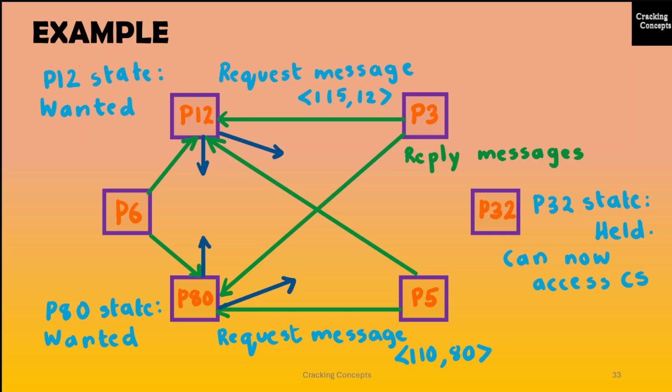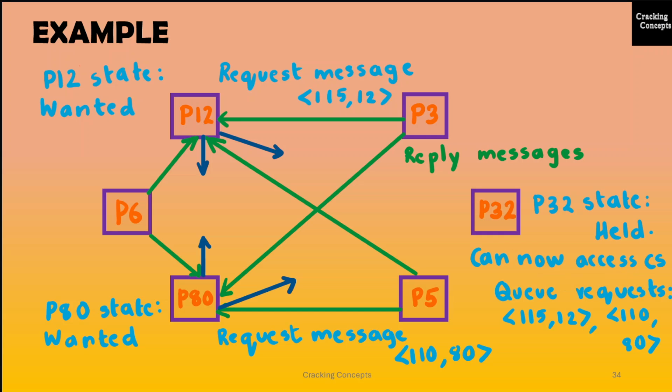Now, both P12 and P80 receive replies from P6, P5 and P3. And next, P32 is actually in the held state, so the requests from P12 and P80 will be added to its request queue.